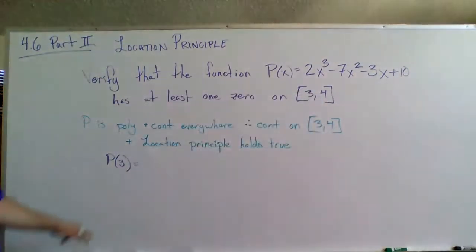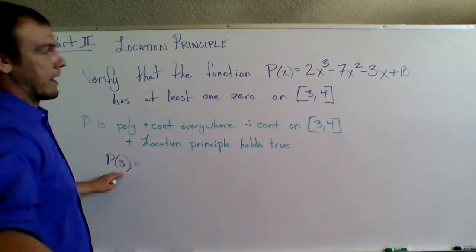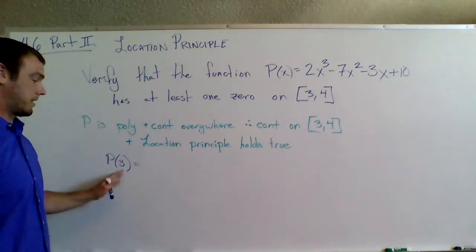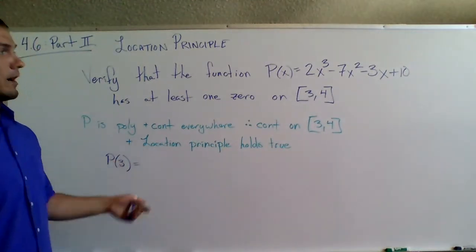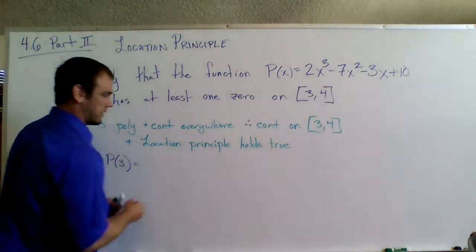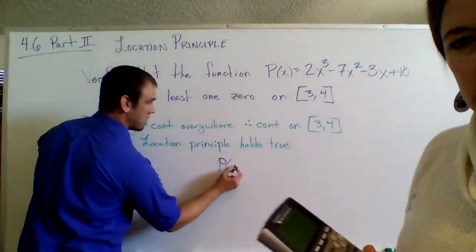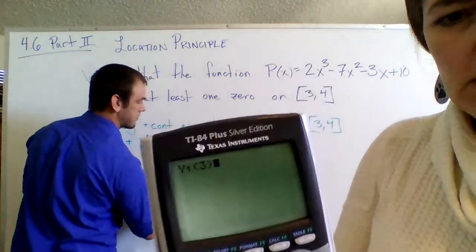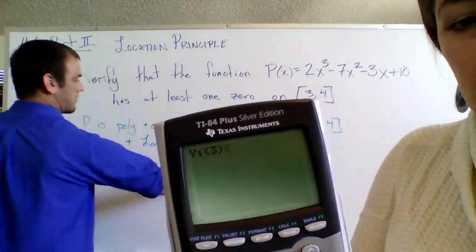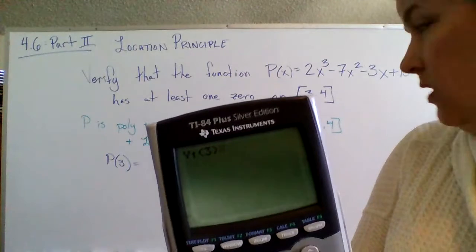Then you can quit out of that and type y1 with parentheses of 3, and then y1 with parentheses of 4 to get these values. Remember, it's like function notation. When I do y1 and put in my parentheses, it's like saying f of 3, or in this case, P of 3.